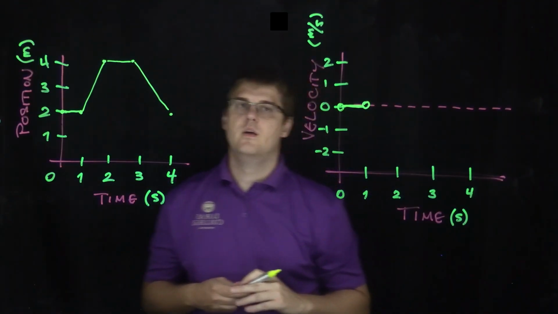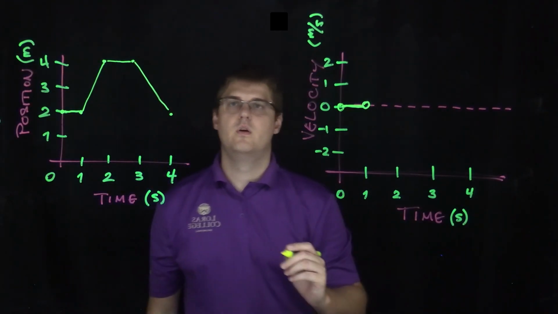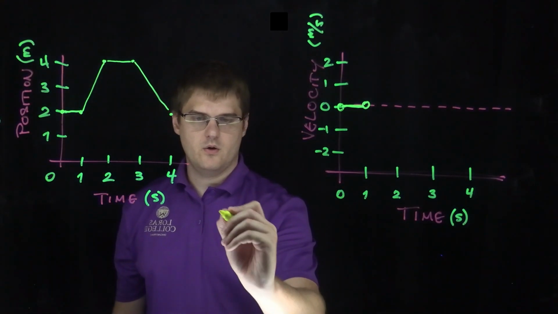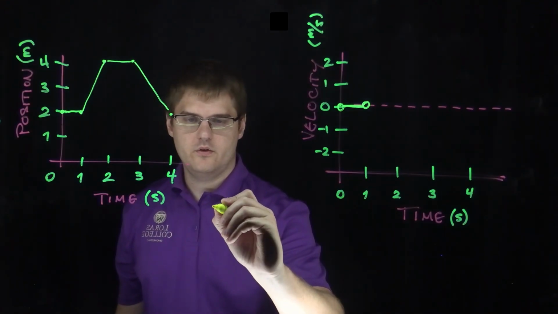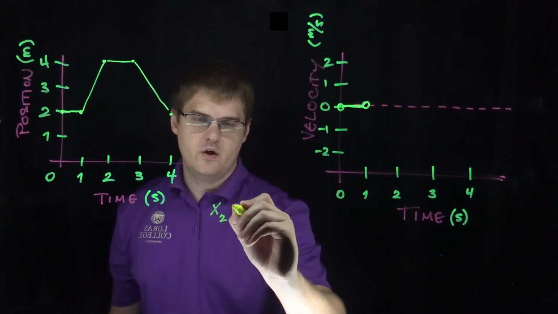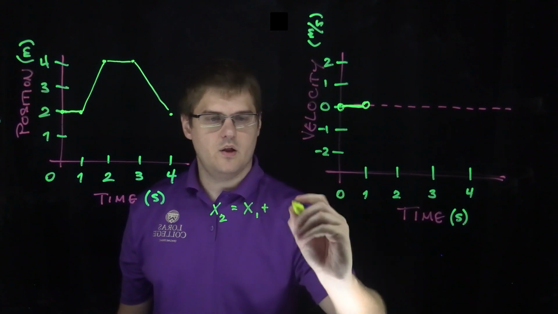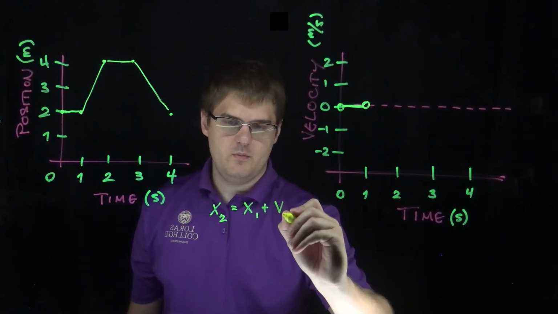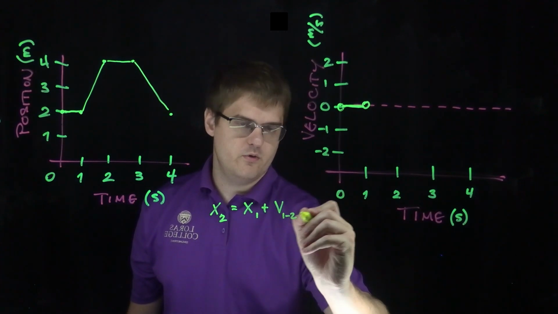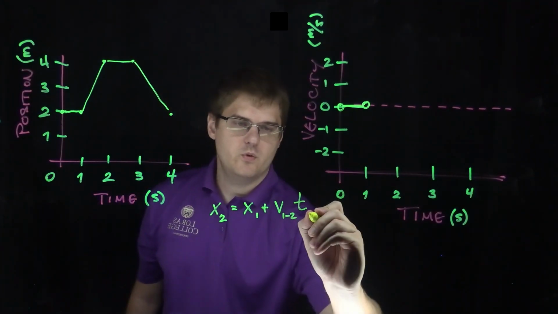Perfect. Next thing we're going to do is look between time 1 and time 2. And I'm going to go a little bit lower on the board. It's going to be a little easier to see, hopefully. We have x at time 2 is going to be equal to x at time 1 plus v between 1 and 2 times my time between 1 and 2.